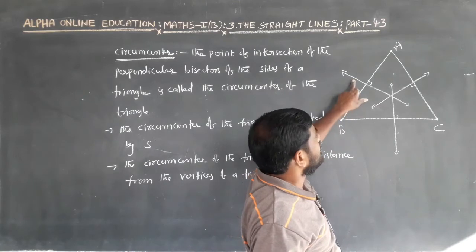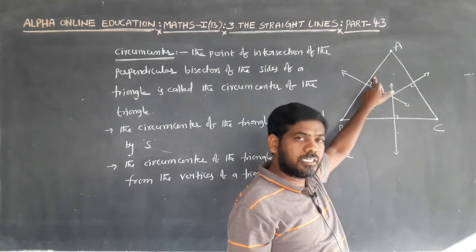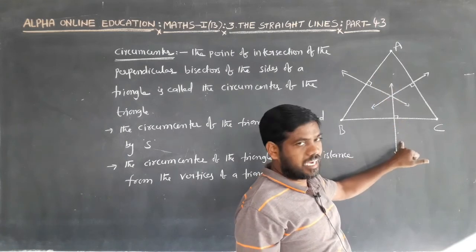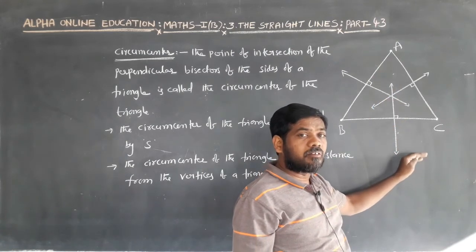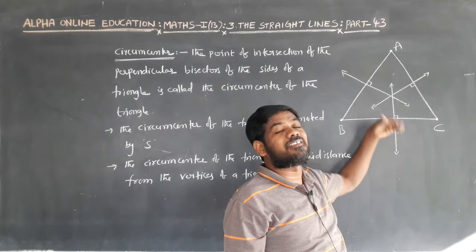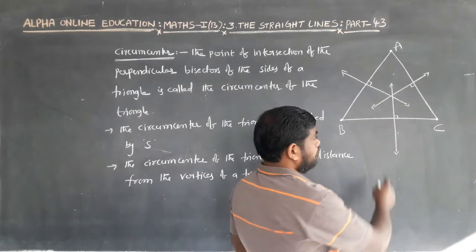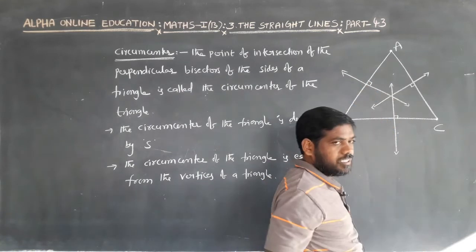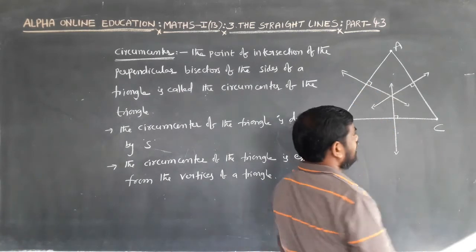These are the three lines, the perpendicular bisectors of the sides of the triangle.